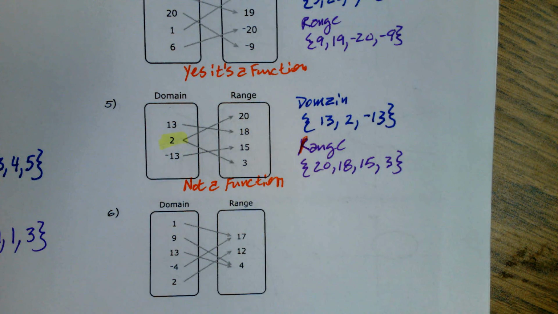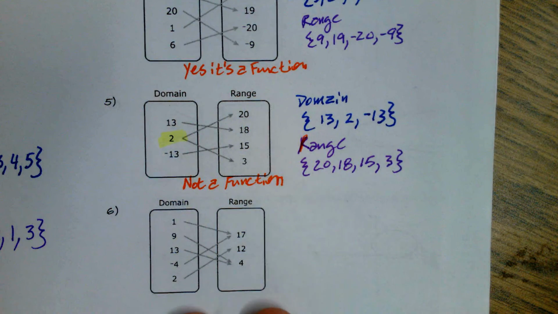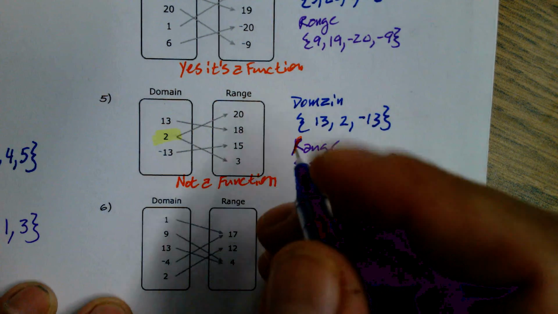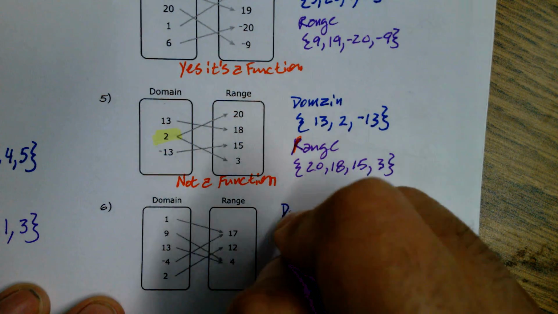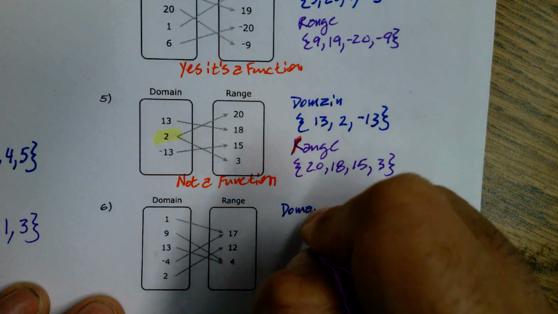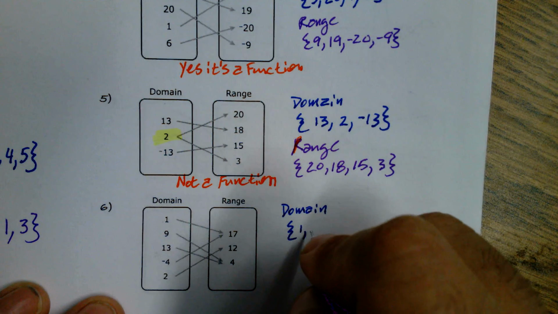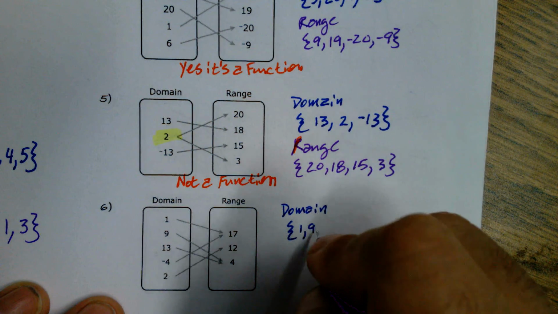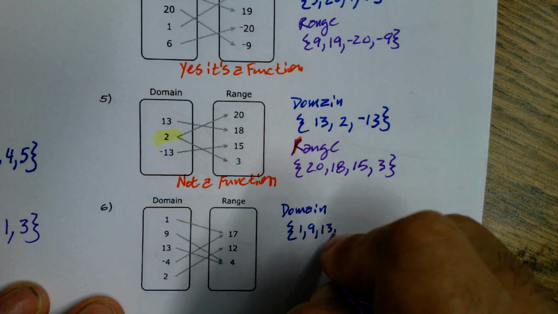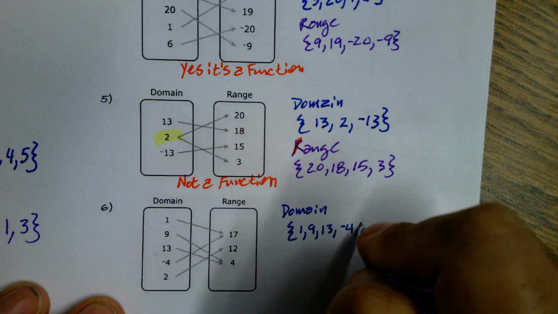All right, let's move on to number 6. Let's see, we've got a domain. Wow, we got a lot here. 1, 9, 13, -4, and 2.